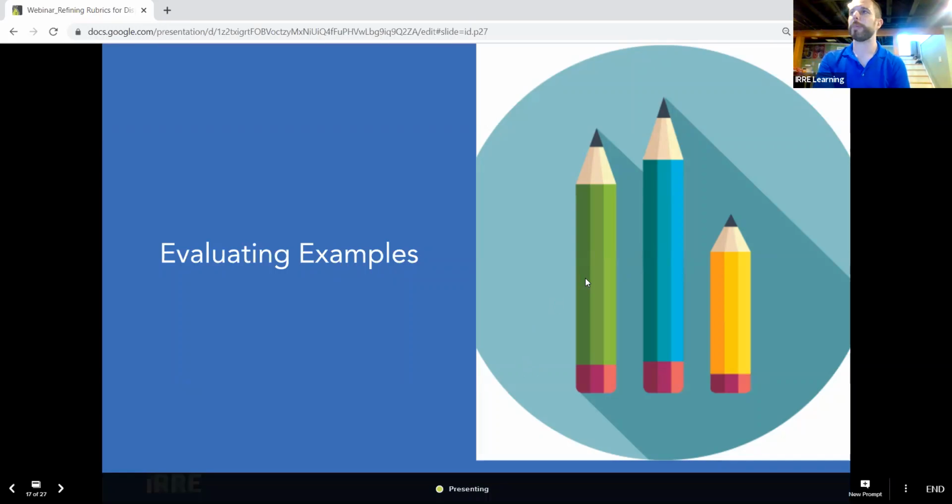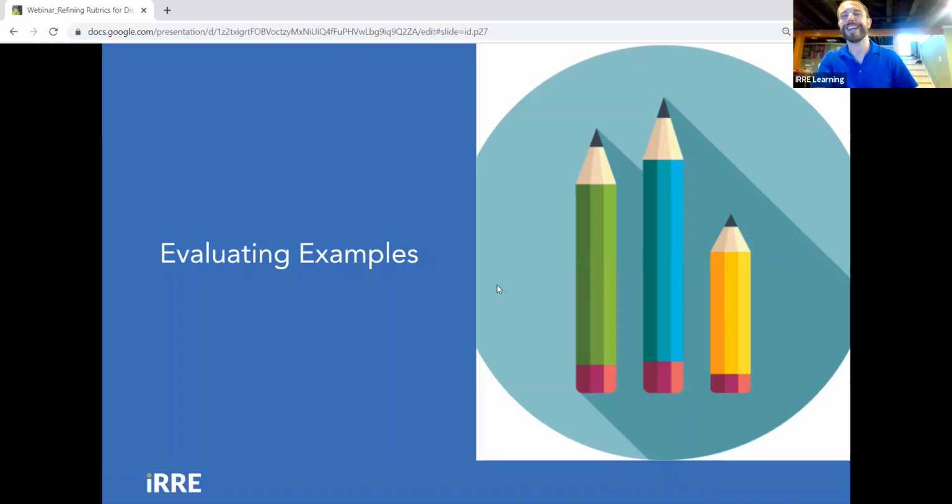Before we get there, I do want to pause and ask if there are any clarifying questions I can answer. I say we because it's usually an SMI, but it's just me today. I want to pause and ask if there are any clarifying questions I can answer for rubrics before we move forward.